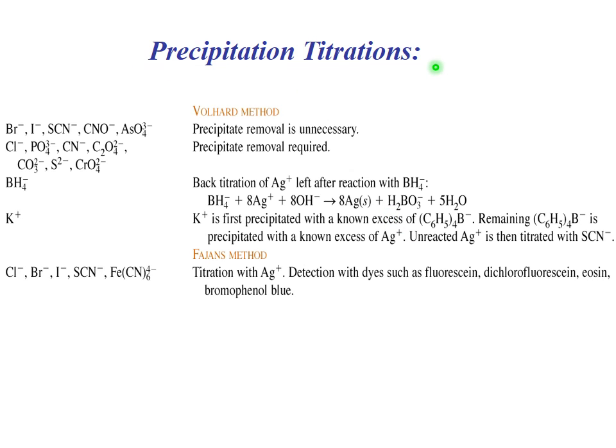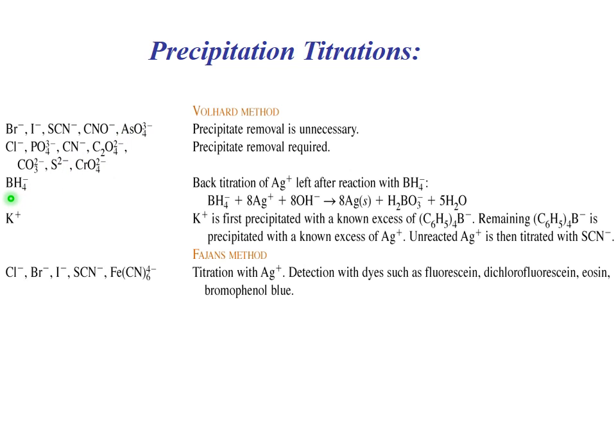What are the uses of precipitation titrations? Mainly determination of chloride. 99% of precipitation titrations are chloride titrations. But if you want to titrate bromide, iodide, thiocyanate, cyanate, arsenate, cyanide, sulfide, you can do that.